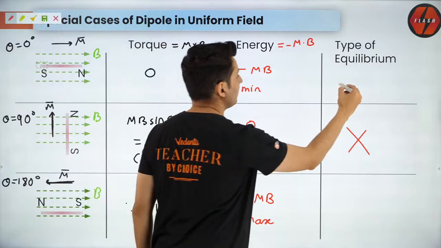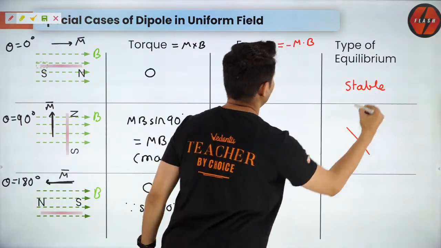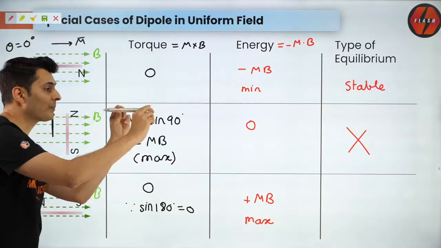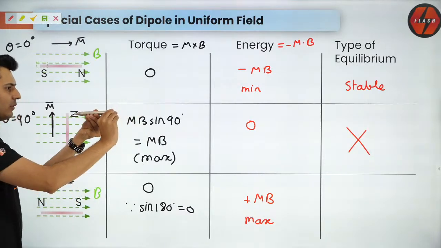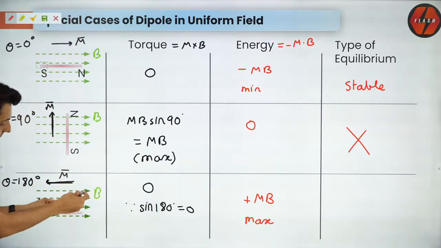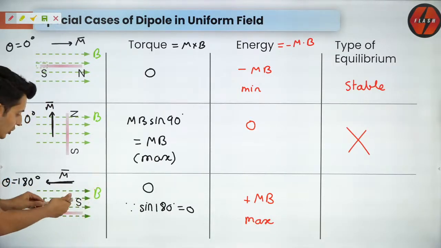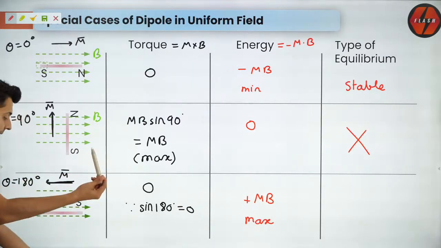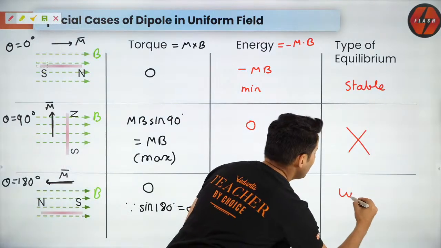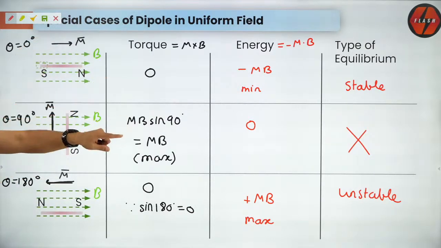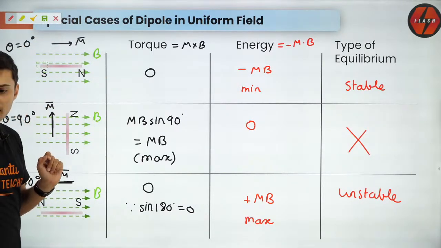That means this is nothing but a stable kind of equilibrium. Over here, M is opposite. M is this way, guys. B is there. If you slightly move it here, then M cross B will push it further. And if you slightly move it down, then M cross B will again push it away. So a small disturbance here or there will completely push it away from that point. So this is obviously unstable equilibrium. Very important. All right. I hope this is clear.